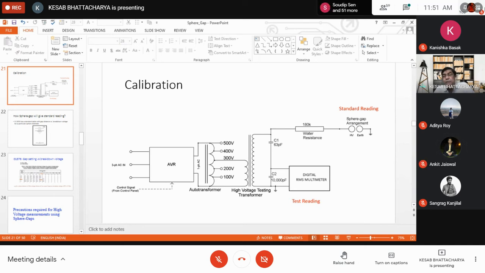Next, a few more points about this experiment. In the said IS specification, it has been mentioned that the arc strikes between the two spheres due to the development of a high electric field.